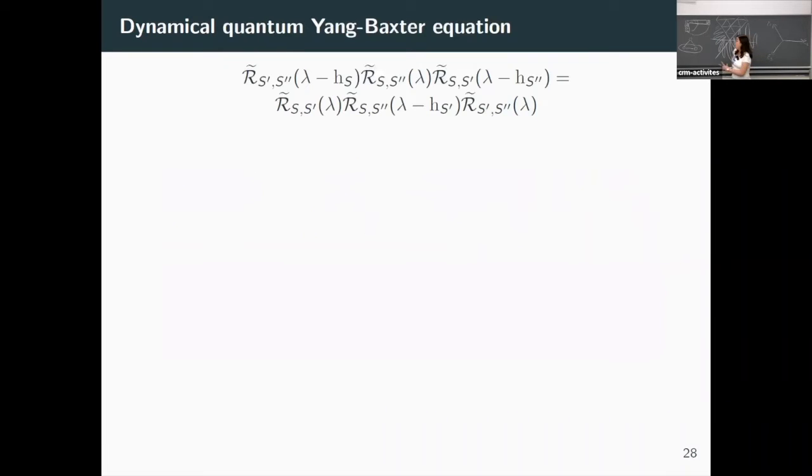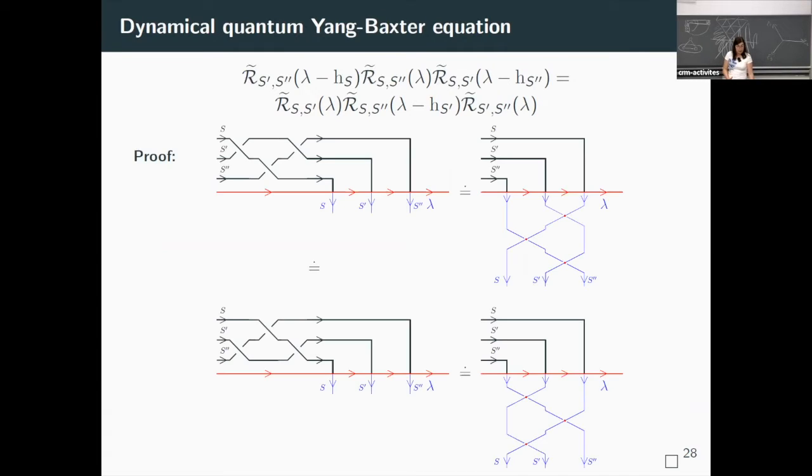Now the advantage of this graphical calculus with these dynamical R matrices is that, for example, the dynamical quantum Yang-Baxter equation, which was already known and which was proven in an algebraic fashion, now in fact follows immediately from the graphical calculus. Because what we have here are the two diagrams on the left-hand side. These are just the quantum Yang-Baxter equation for the finite dimensional modules.